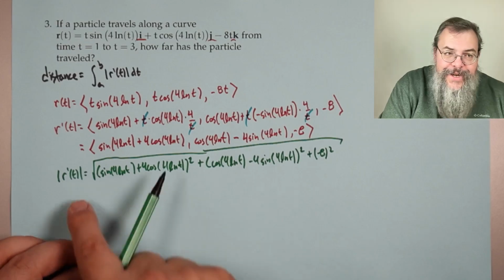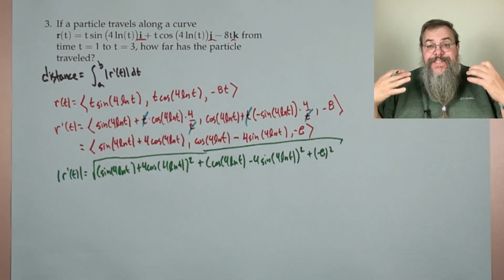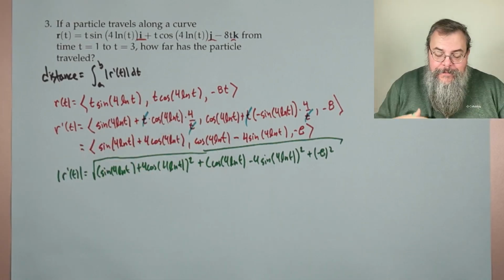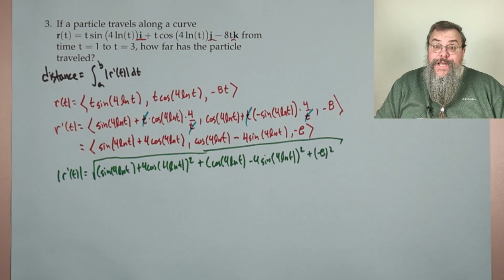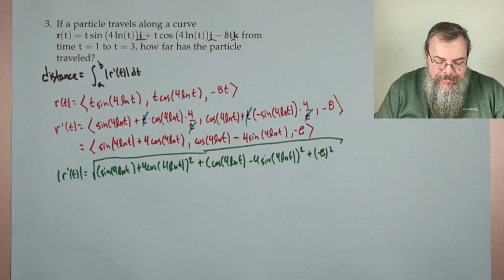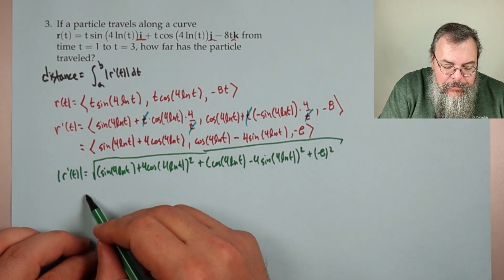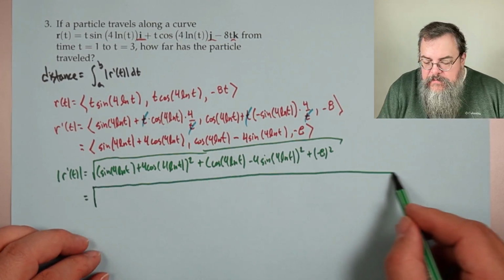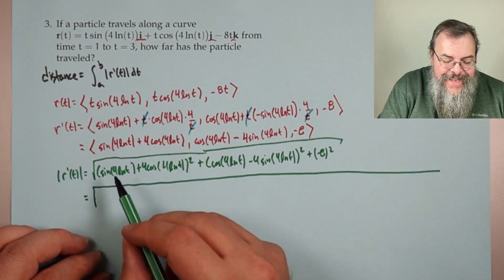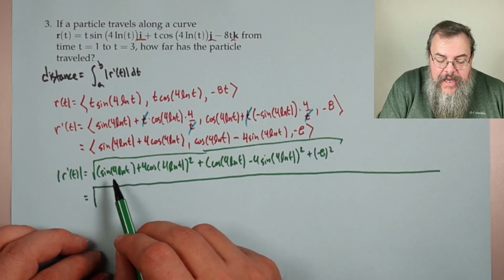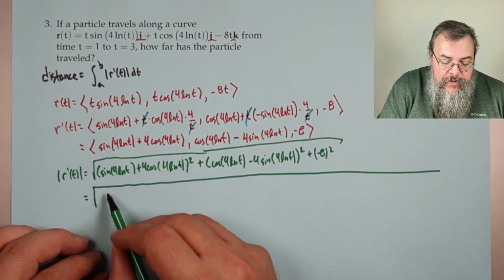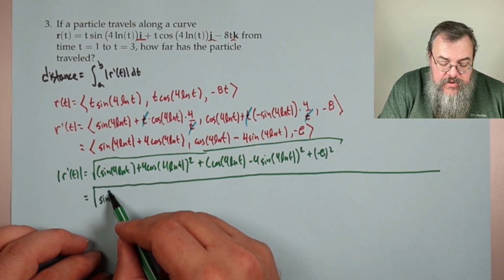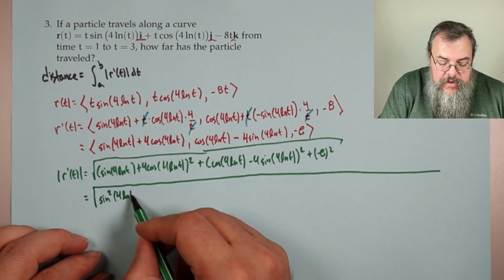Now we're not going to go into the integral until we have simplified as much as we can. As much as we can. Okay, so this is going to take space. We expand it. So this is like a plus b squared. So we have the first term squared, sine squared 4 log t.